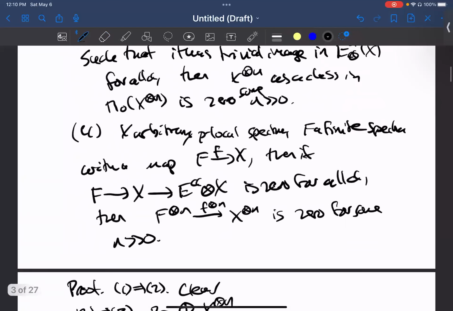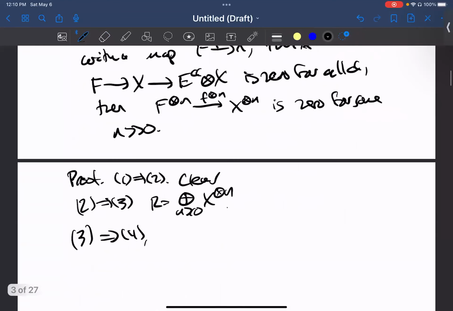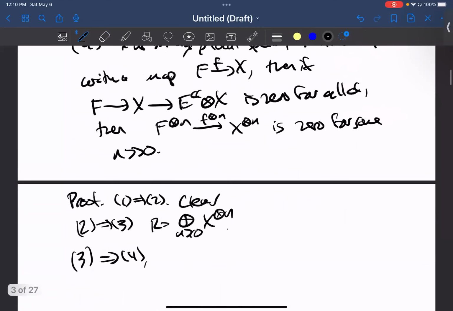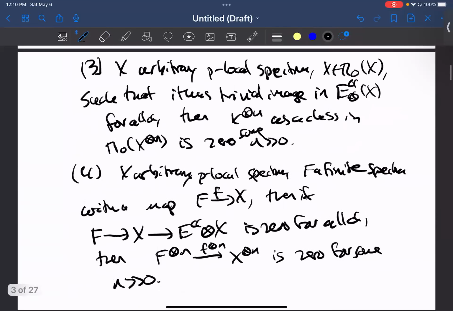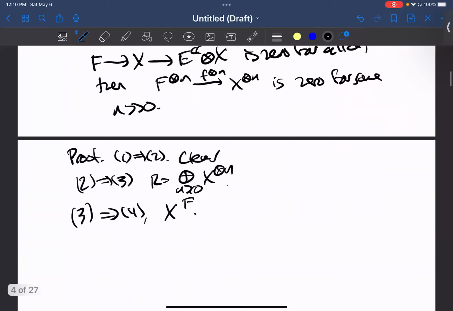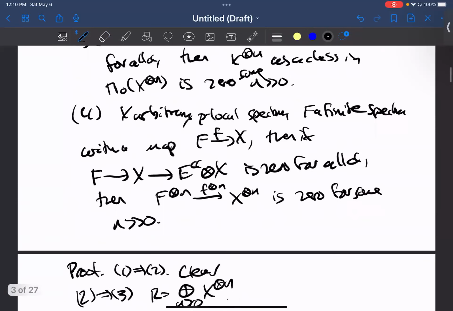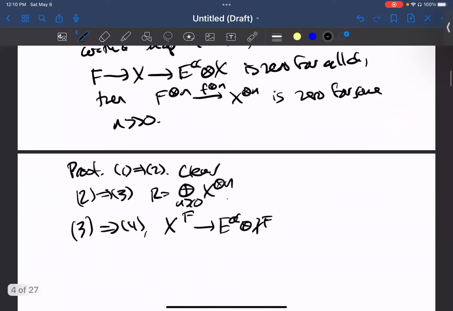We can consider, in this diagram here, replacing X in this statement by X to the F, because then we're going to have something like this. And then we use the fact that this class sits in pi 0 of this, and then we win.